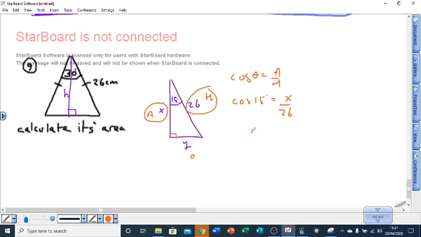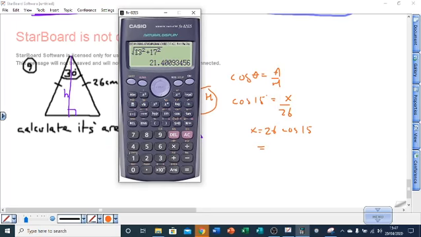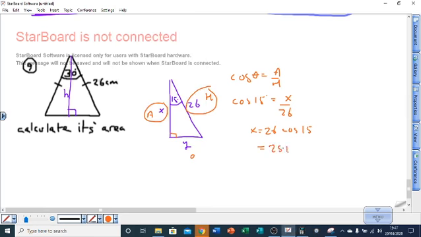Bring that up, x is equal to 26 multiplied by cos of 15. Okay, so we get a length there of 26 cos 15, close brackets, equals, okay, real nasty surd there, and it gives you 25.11 dot dot dot. We're not going to round up, we're going to use that in a bit.